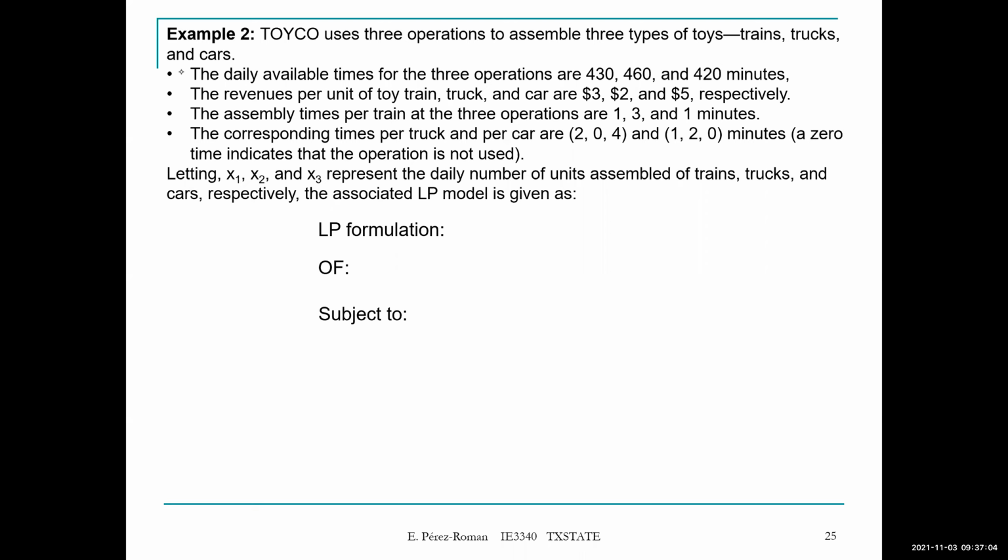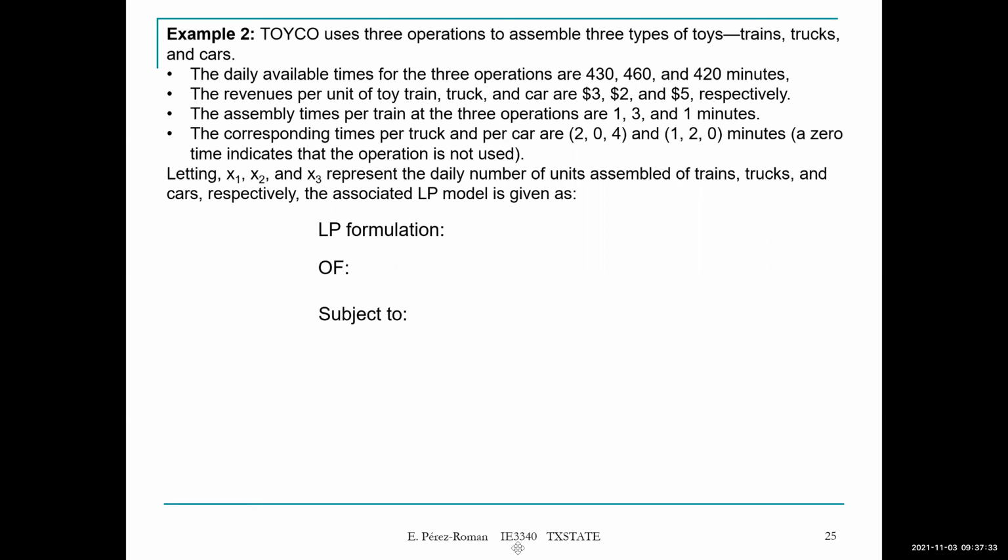Three operations are used to assemble the three types of toys, and the daily available times for the three operations are 430 minutes, 460 minutes, and 420 minutes. The revenues per unit of toy train, truck, and car are $3, $2, and $5 respectively.